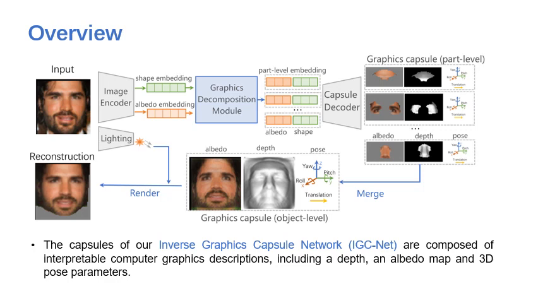The hierarchy of the objects is described with part capsules and object capsules, where each capsule contains a set of interpretable parameters with explicit physical meanings, including depth, albedo, and pose, when an IGCNet is well trained. The learned graphics capsules naturally build hierarchical 3D representations. The details of the training will be introduced next.